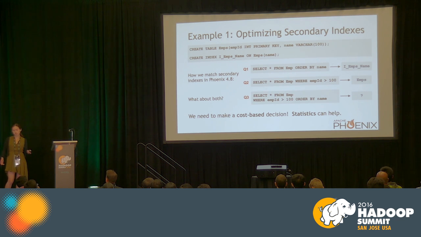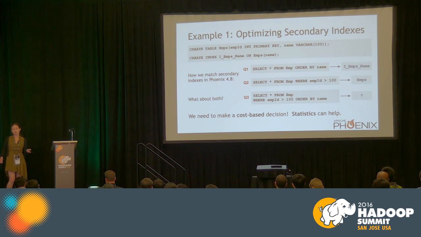So this is when we need to think. We need to make a cost-based decision. And the statistics I just talked about are going to be very helpful here. For example, we can get the number of bytes and the number of rows coming from either the employee table or the index table.